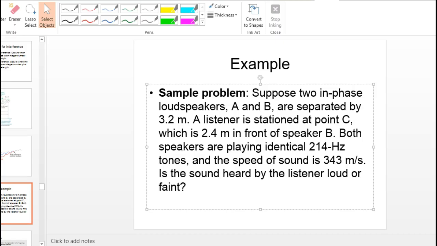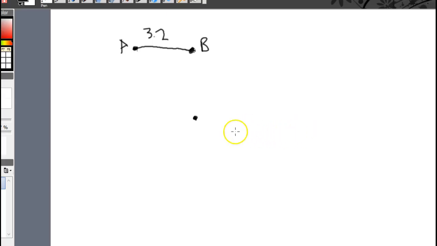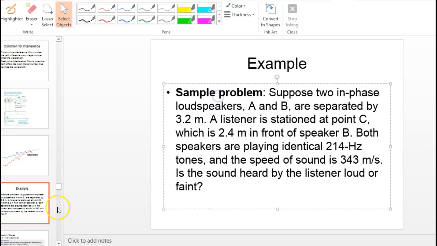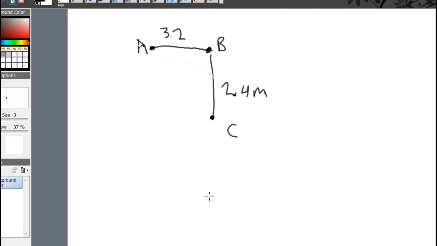And it says a listener is stationed at point C, which is 2.4 meters in front of speaker B. So here's point C, and the separation is 2.4 meters. And the question says both speakers are playing identical 214 Hz tones, and the speed of sound is 343 meters per second. Is the sound heard by the listener loud or faint?